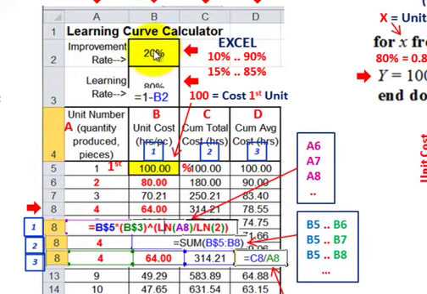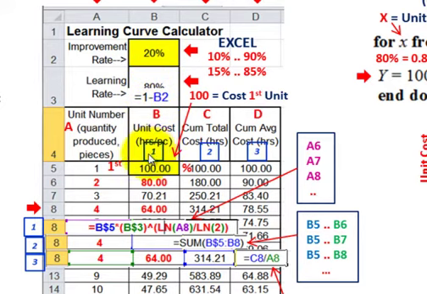In this case, 1 minus the 20% we have here gives us a learning rate of 80%. So you establish your improvement rate, then put into B3 equals 1 minus B2, referencing that.